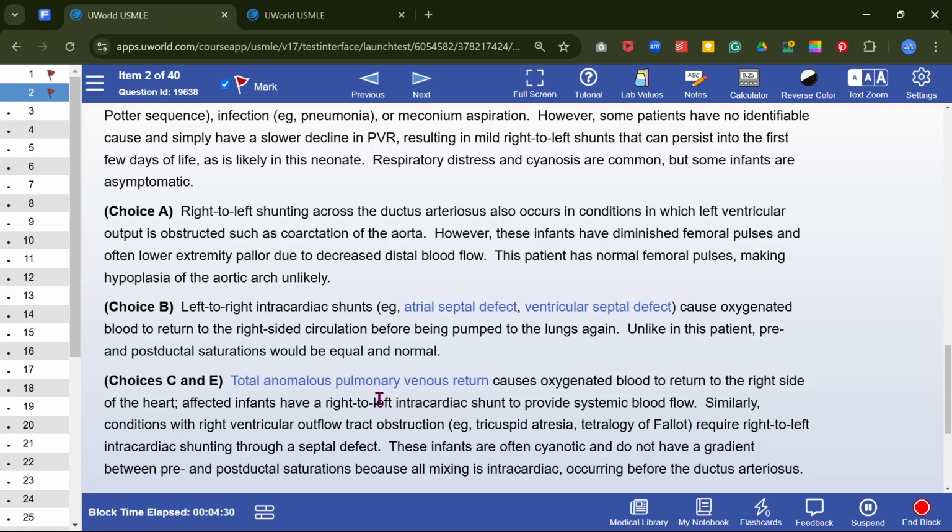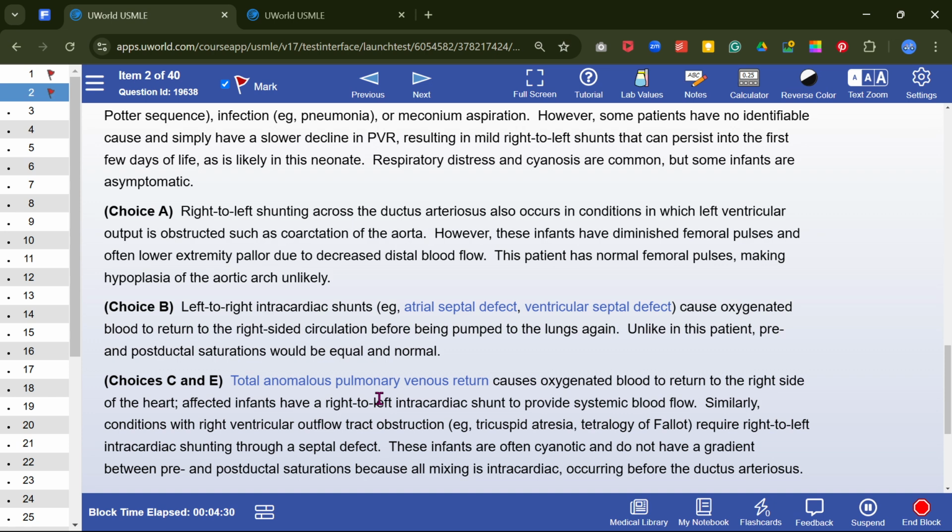However, these infants have diminished femoral pulses and often lower extremity pallor due to decreased distal flow. This patient has normal femoral pulses, making hypoplasia of the aortic arch unlikely.